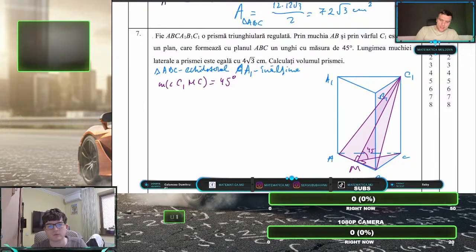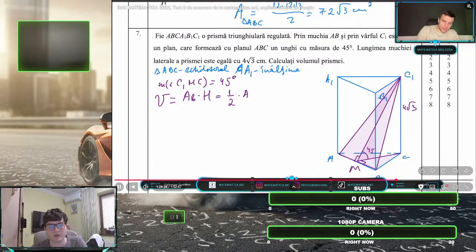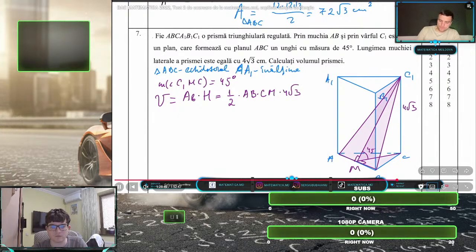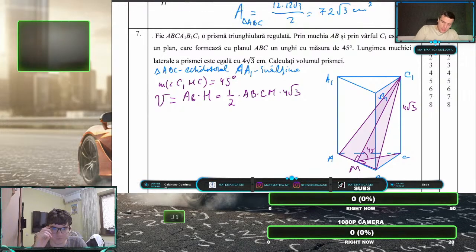Amazing. 4 square root of 3 right there. Volume is calculated like this. So AB times CM right there, times 4 square root of 3. That's basically the height.